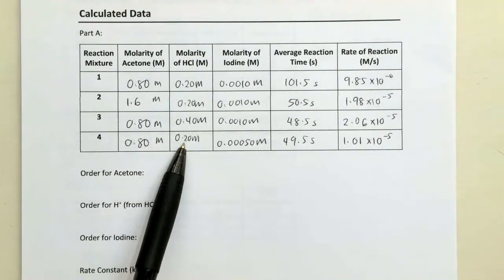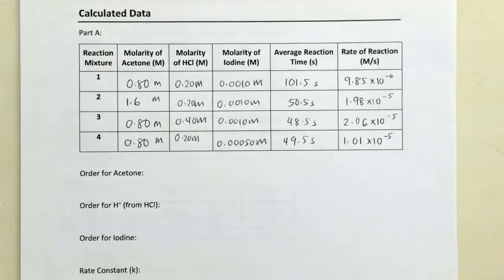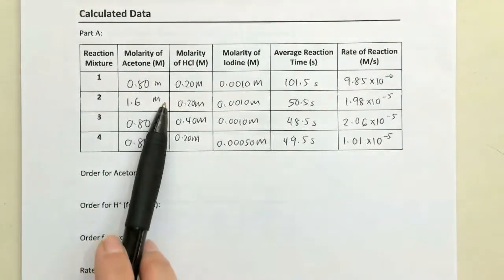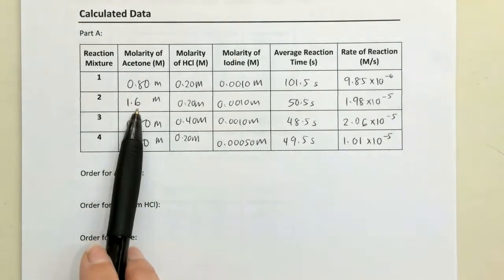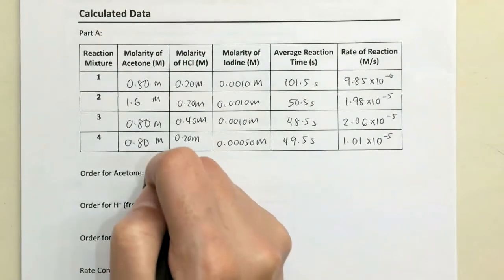That's 0.2 and 0.2, that's okay. But now you see here my iodine is changing too. So that's going to make my life difficult. I want to pick two lines where only one reactant is changing and the other two are constant.